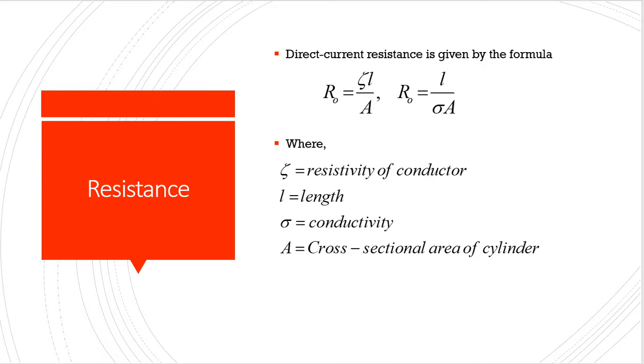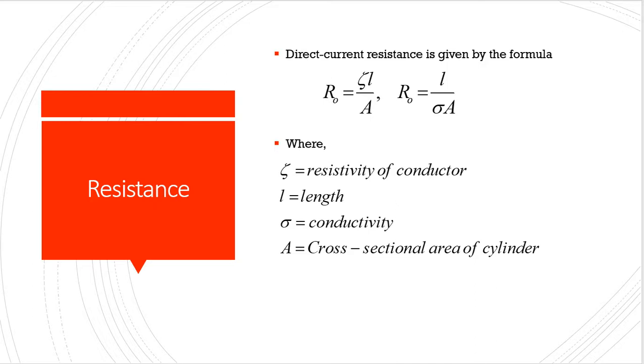L is the length of the conductor and sigma is the conductivity of this conductor. Basically, conductivity is the reciprocal of resistivity. Due to being the reciprocal of resistivity, it will come into the denominator, right.